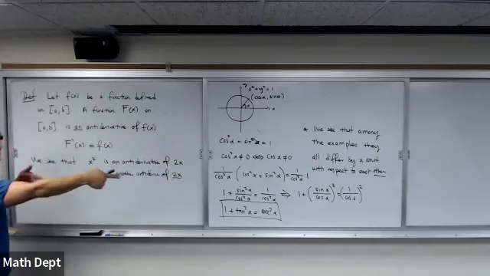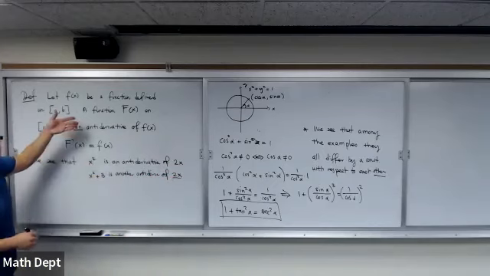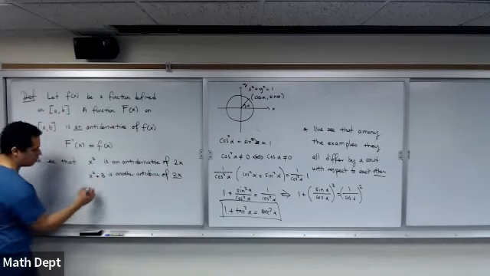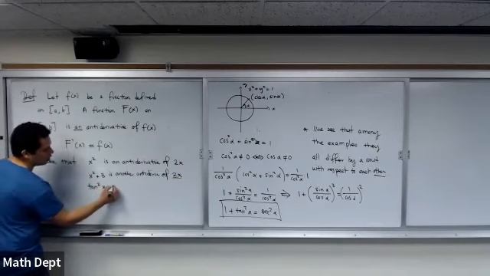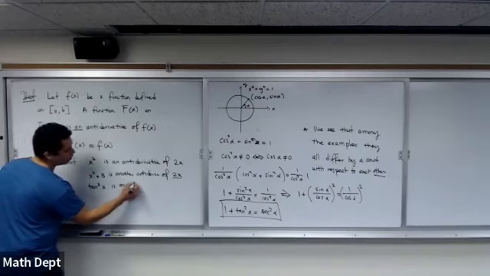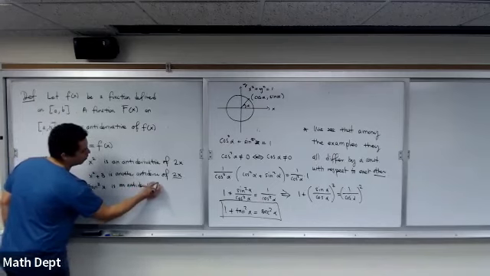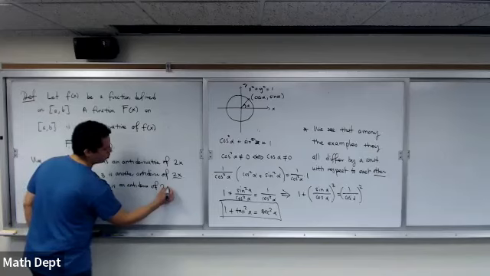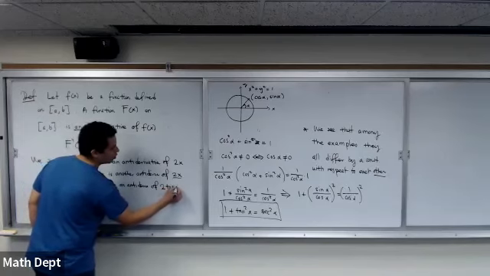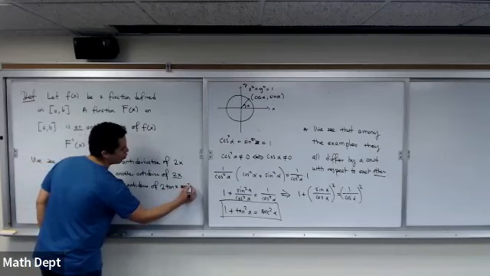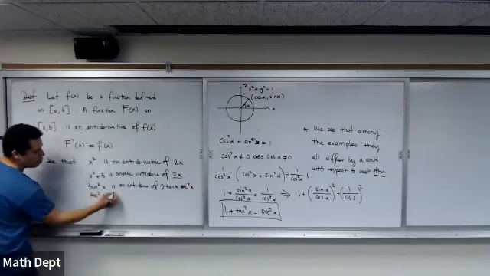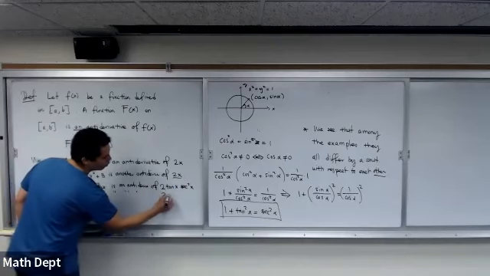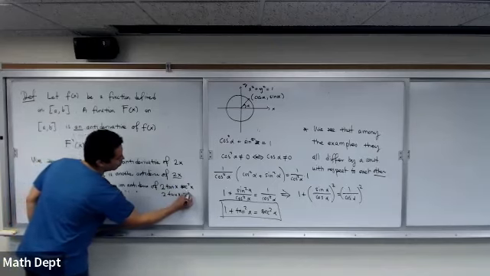In a similar fashion as the things that we just developed, from the one that I just erased, I can say this. Tangent square of x is an antiderivative of 2 tangent of x times secant square of x. The same thing I can say about secant square of x being an antiderivative of 2 tangent of x times secant square of x.